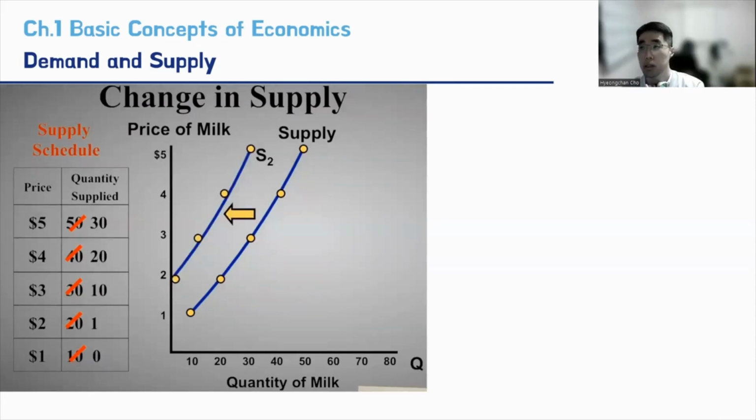And also the demand curve shifts left when the quantity demanded decreases at each price. The same thing happens with the supply curve. When the quantity supplied decreases at each price, the supply curve will shift to the left, like the demand curve did. Okay?